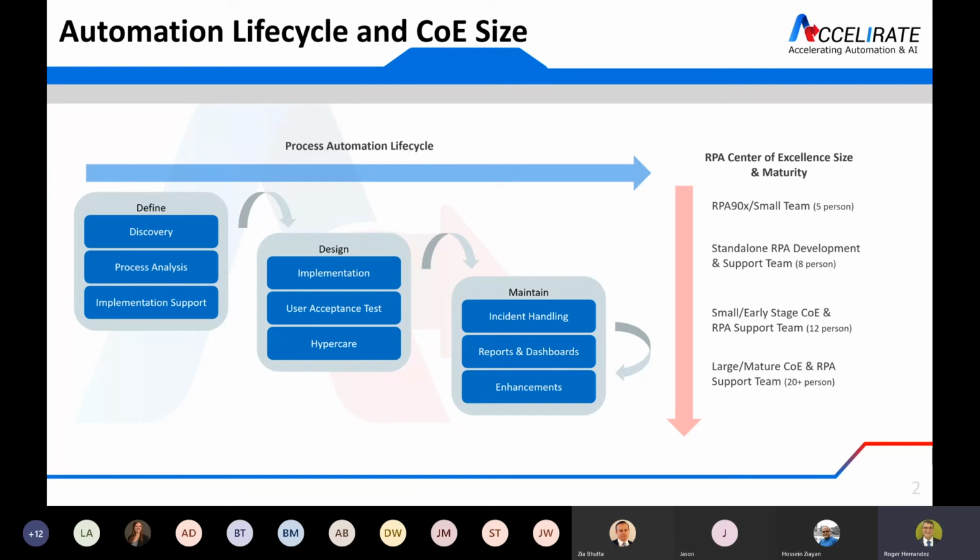A lot of the same approaches apply. So again, just an overview, but it talks about the major areas in the discovery analysis and implementation support, implementation, user acceptance tests and hypercare, and then incidents, reports and dashboards, and ongoing process enhancements.